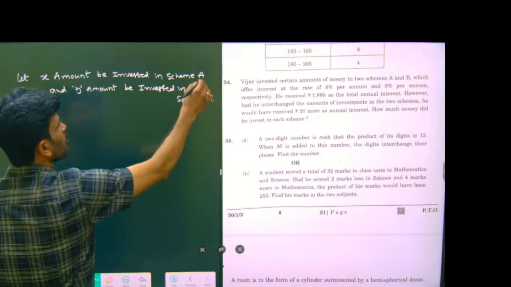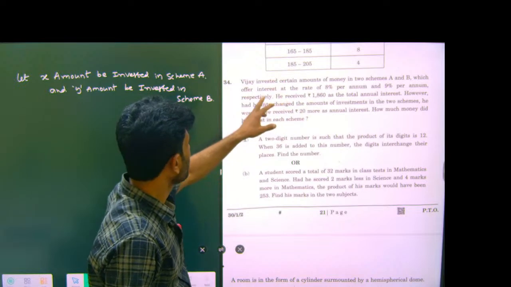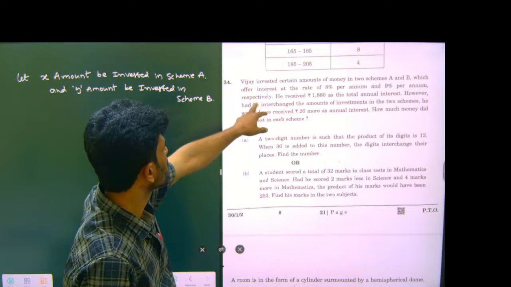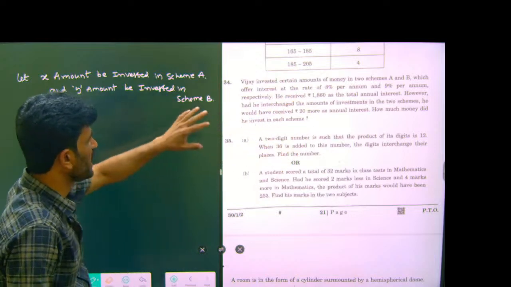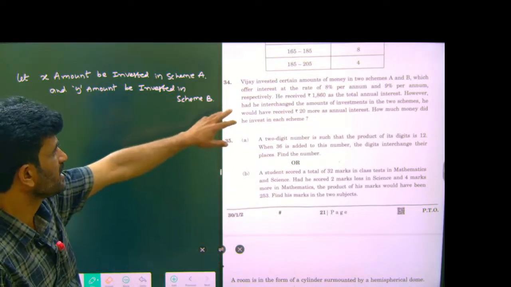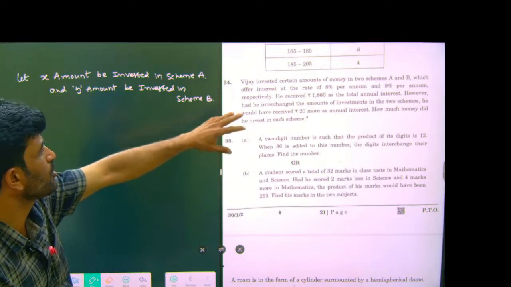Then what happens according to the first situation? Interest at the rate of 8% per annum and 9% per annum respectively. So 8% on X amount and 9% on Y amount.